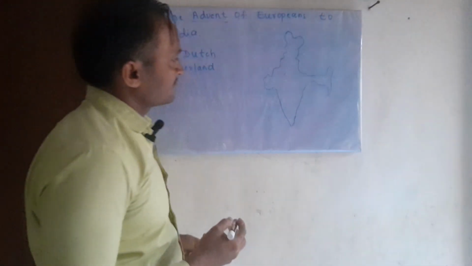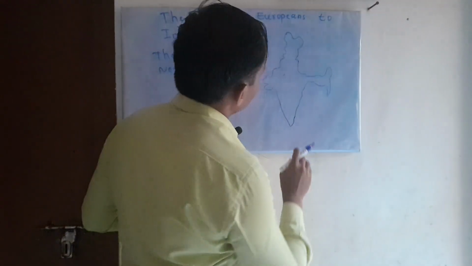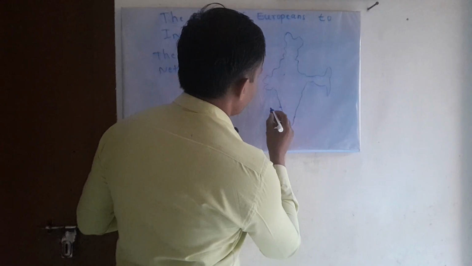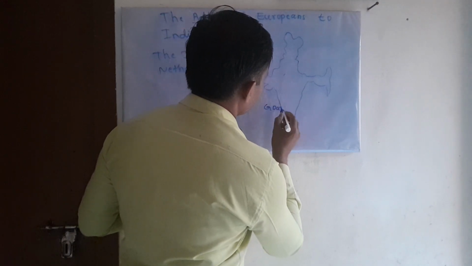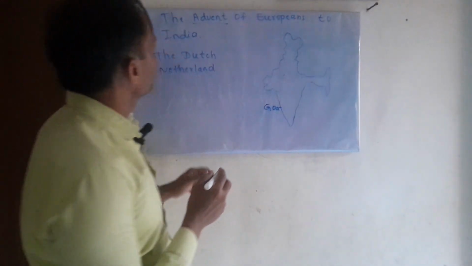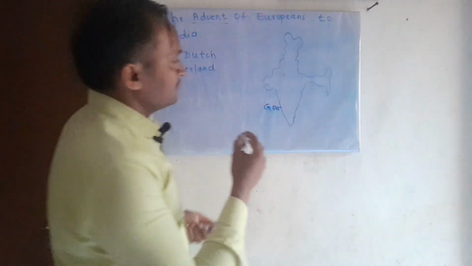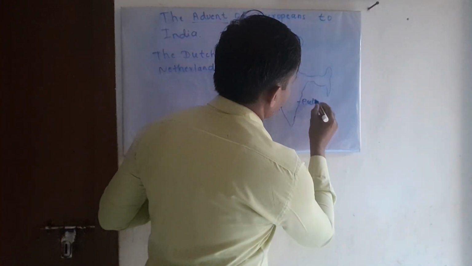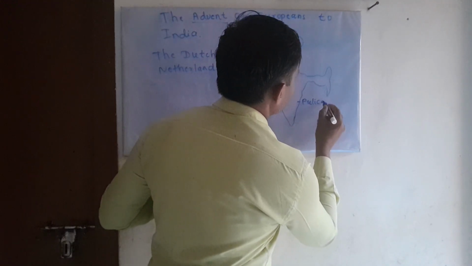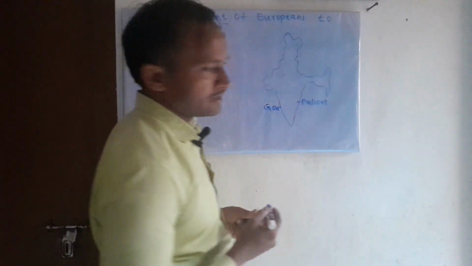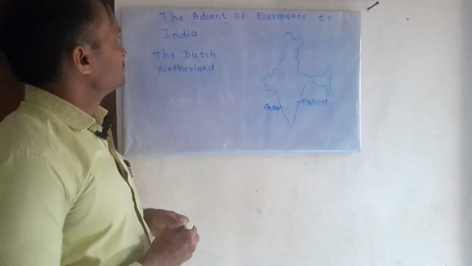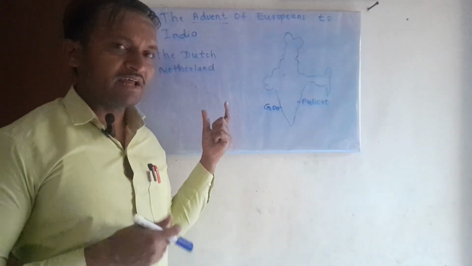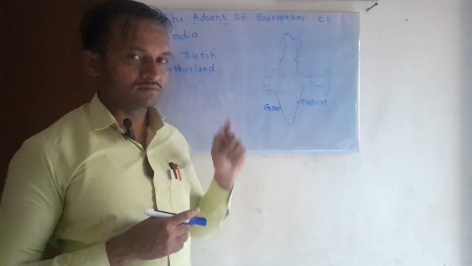This is India. Goa was the capital of the Portuguese. Then came the Dutch. The Dutch had Pulicat as their capital city. In the wars with the British, the Dutch were defeated and went out of India.